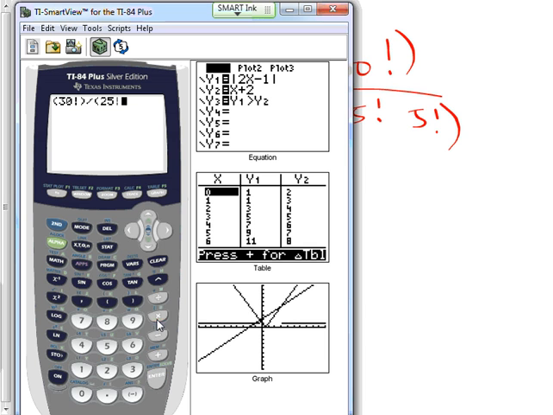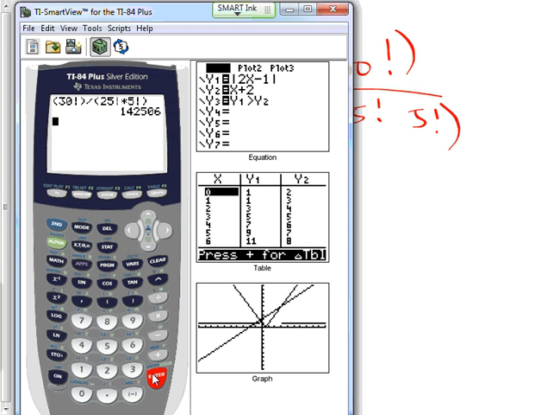I'm going to say times just to be safe. 5 factorial. Math. PRB. And the parentheses. Enter. Raise your hand if you got 142506. Okay, awesome. If you didn't, then make sure you know what you did wrong because you've got to be able to type these puppies in.